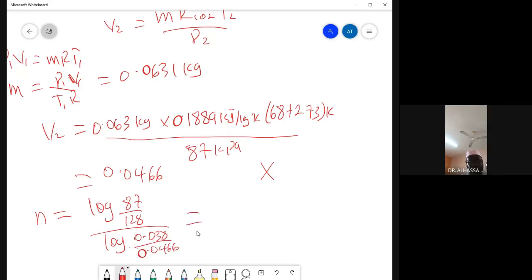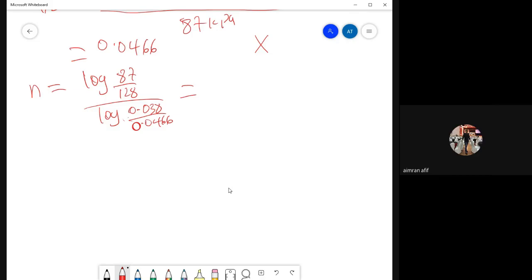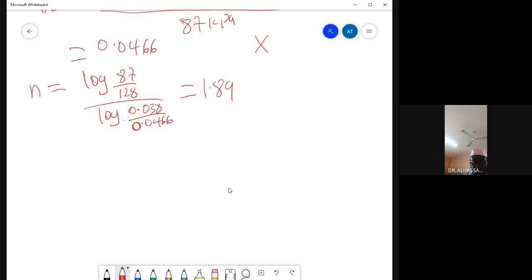So how much is this N? Can somebody calculate for me? Let's hurry up, it's almost 4 o'clock. 1.89, yes, so that's the correct answer.